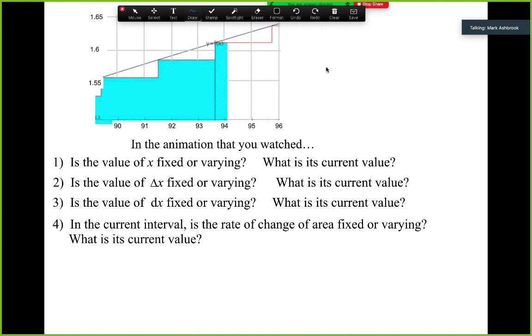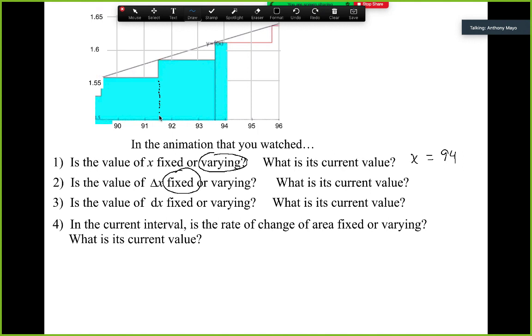So now we know x is varying, and I've got a new value here. What's our current value of x? 94. Okay, and what about the value of delta x? Fixed or varying? Fixed. And what is the current value of delta x?